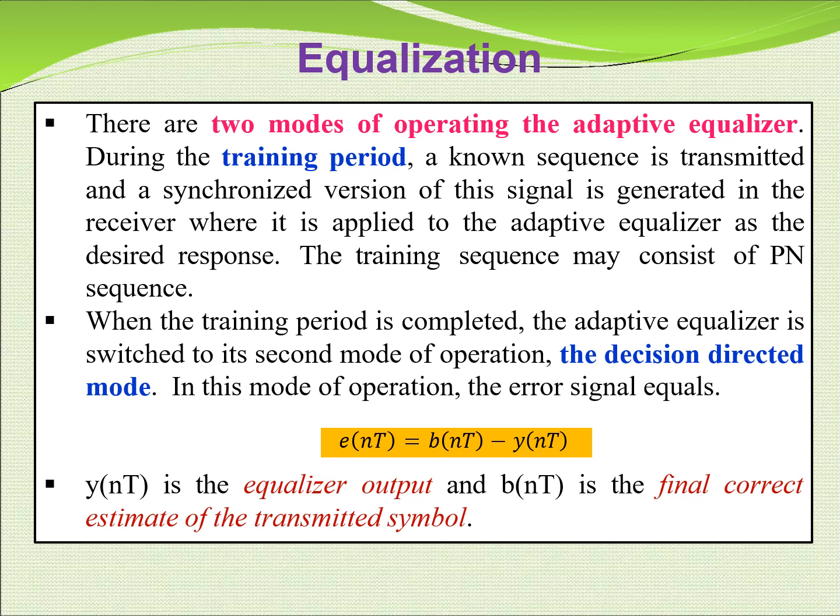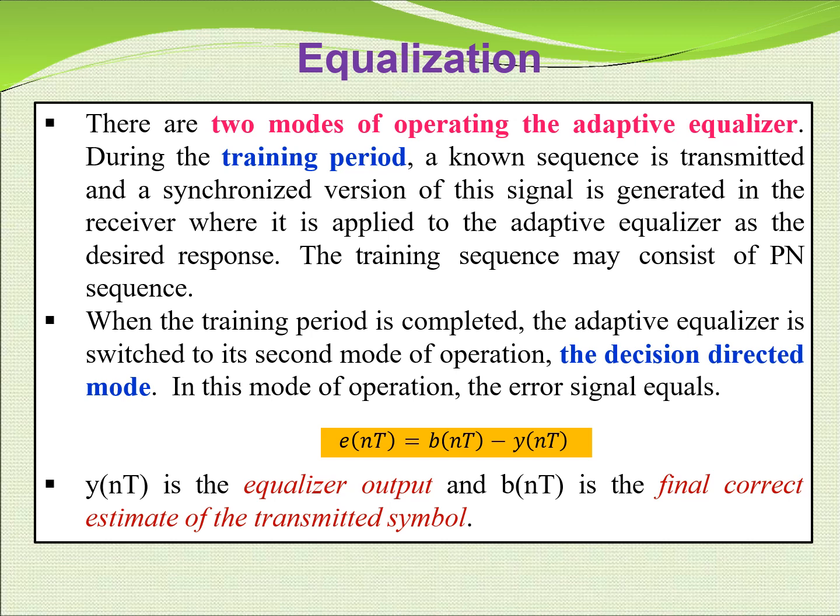Next, there are two modes of operating the adaptive equalizer. During the training period, a known sequence is transmitted and a synchronized version of this signal is generated in the receiver, where it is applied to the adaptive equalizer as the desired response. The training sequence may consist of a PN sequence.